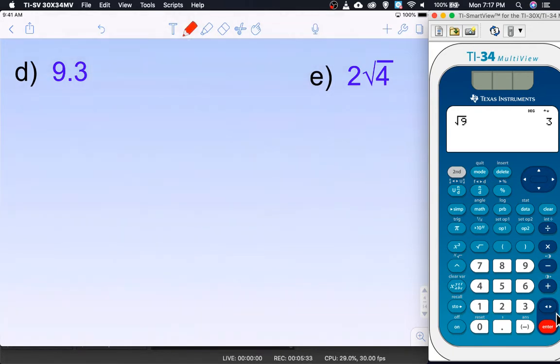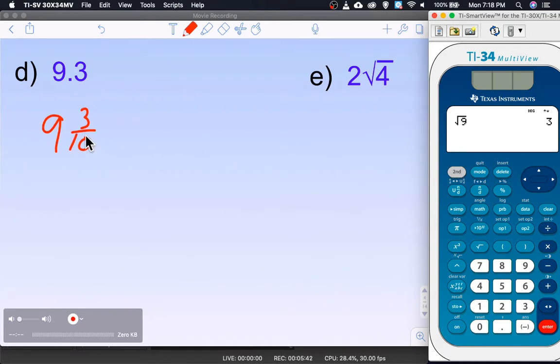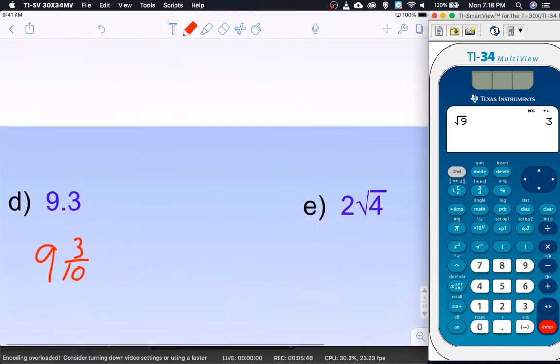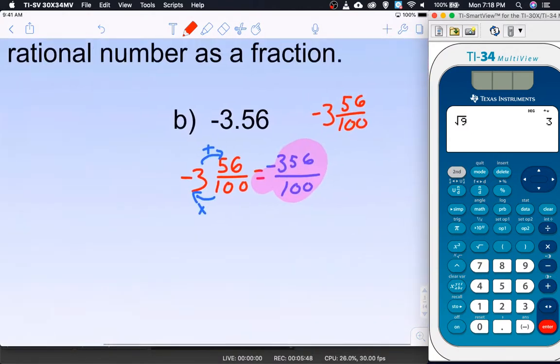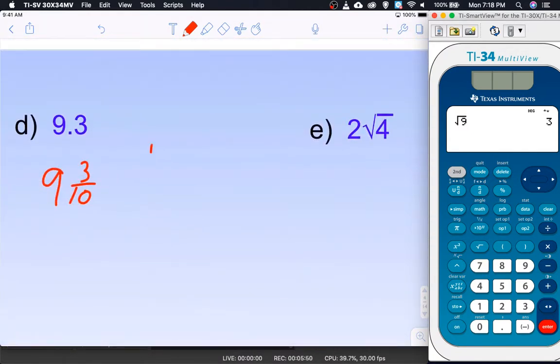All right, first one. 9 and 3 over 10, because it's a terminating decimal, the denominator's a power of ten. It's going to be either 10 or 100 or 1,000 or whatever.